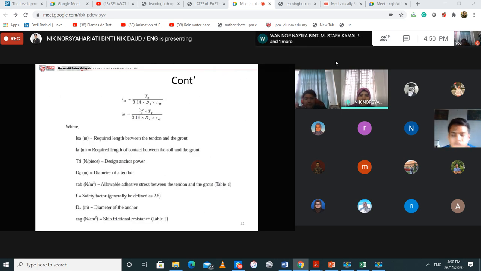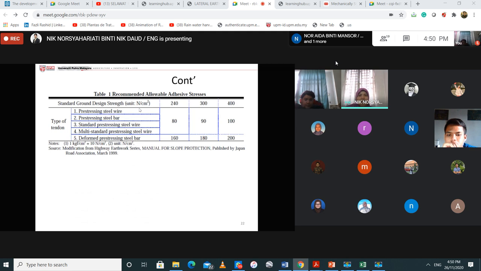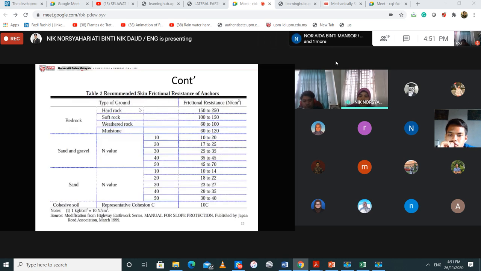Okay, so there's a calculation or equation here. You don't have to worry too much yet because I have not given examples and so on. This is a recommended allowable adhesive stress. There are stresses from the adhesive itself before you use any type of tendon that you want to use in your ground anchors. Alright, so this is from the manual for slope protection.